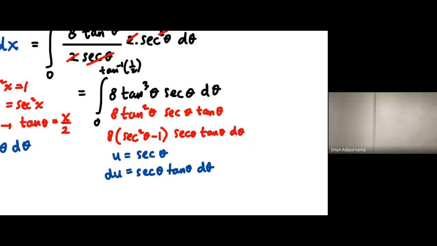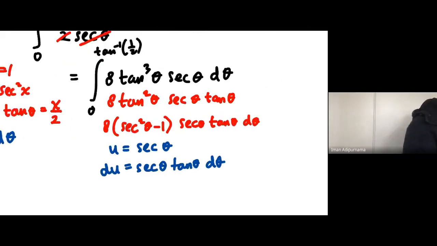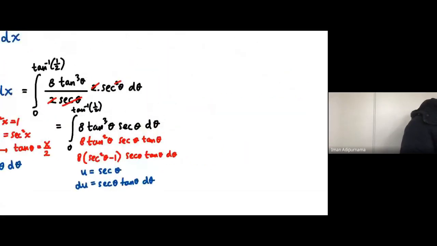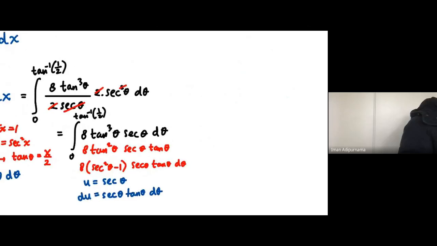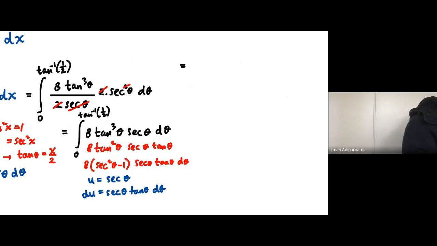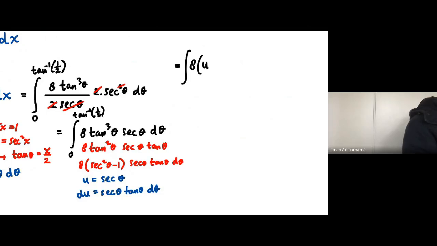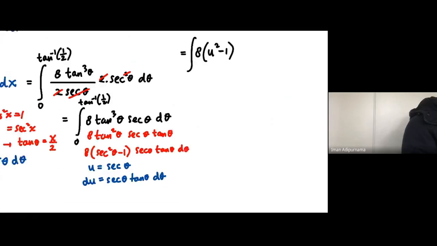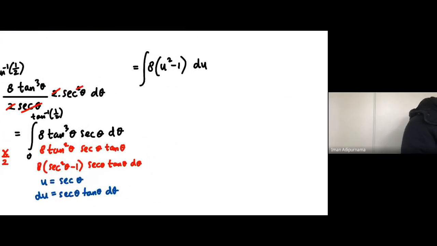And this will remove this, okay? Let me write here. 8 times u squared minus 1 du.